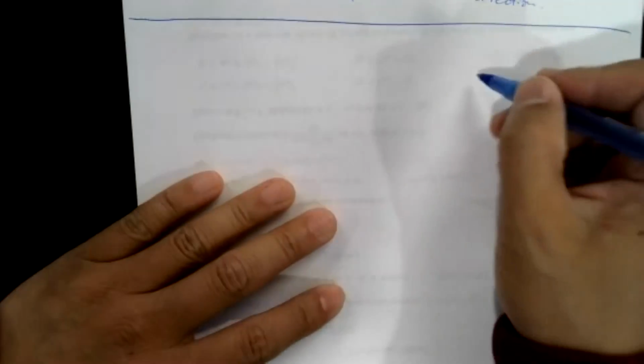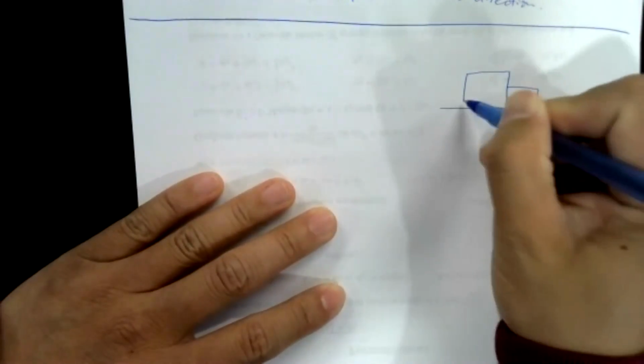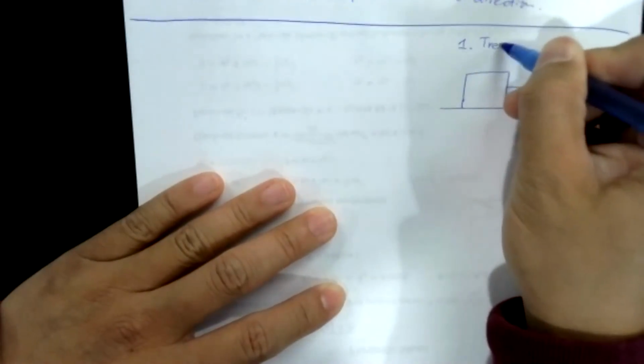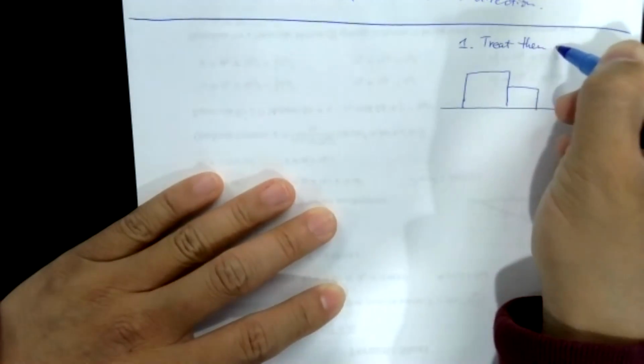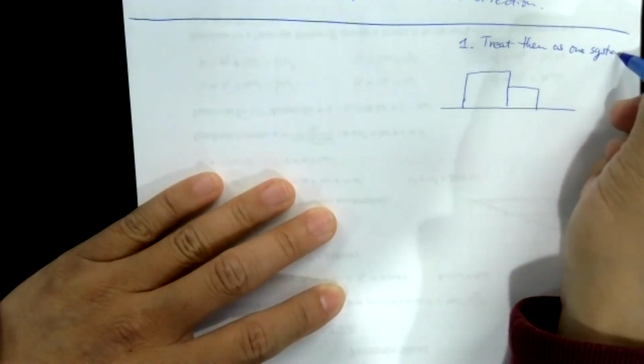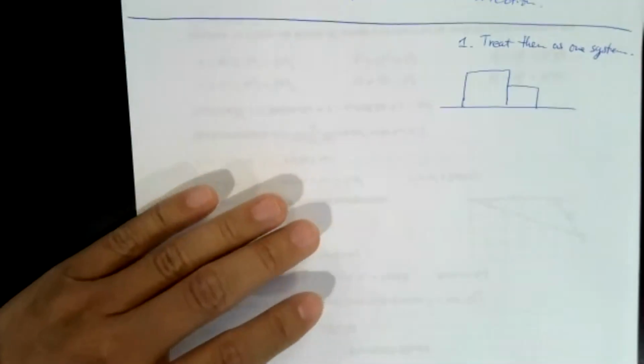And then later on, when you are looking for their interaction forces or their contact force, you will separate them. So this is what you will have to do on a system of two objects together. So first, you want to treat them as one system, or you can say treat them as one object.